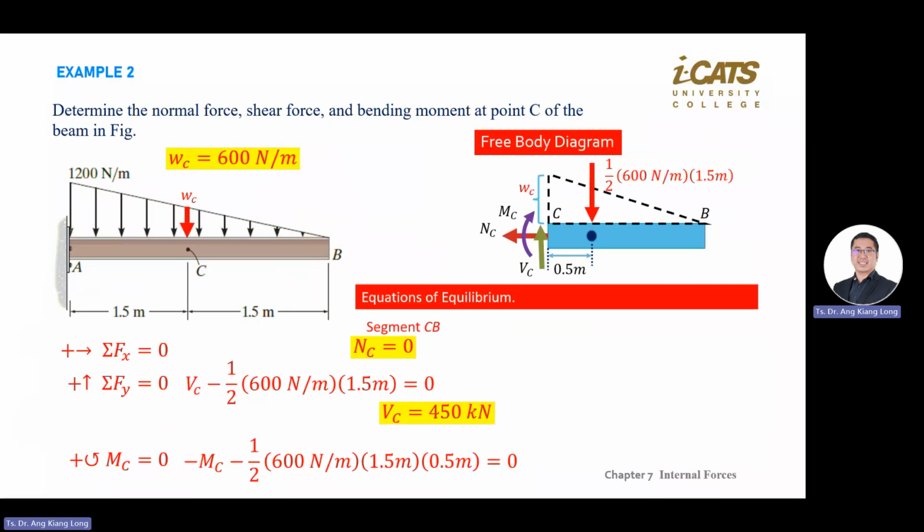In this case, MC is clockwise, so negative. So your MC is negative. What does it mean? It means the direction in your diagram was estimated wrongly. The correct one is clockwise. So always follow the positive notation. In this case, we just showcase to you what happens if we flip the direction and don't follow it. You still get a negative value. At the end, you still need to flip it back.